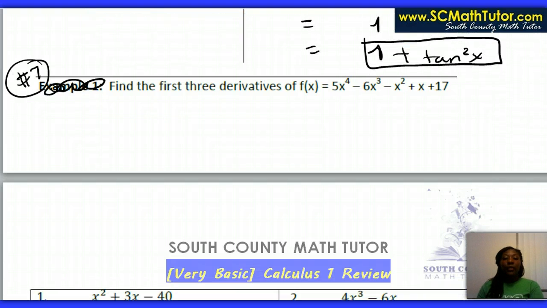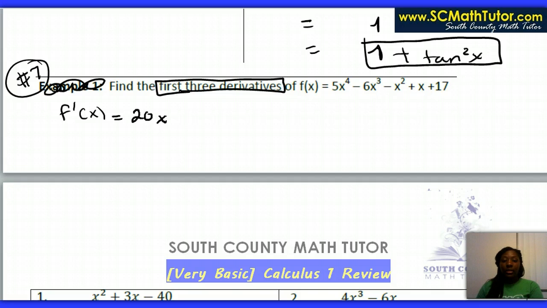Great. Okay. Find the first three derivatives of this lovely function. It's a basic function because it doesn't involve product rule, quotient rule, or chain rule. So that's good. So we're just going to do it. F prime of x, so the first derivative, is 4 times 5 is 20x cubed minus 6 times 3 is 18x squared minus 2x plus 1.